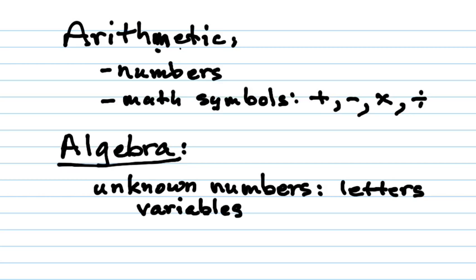So the letters are called what? Variables. And the reason they're called variables is because their values can vary depending on the context of the sentence you use them in. And you do that all the time without even thinking about it. Right? If I asked you right now, what time is it? 12 o'clock. 12 o'clock, okay? But what if I asked you during 6th period what time it is?